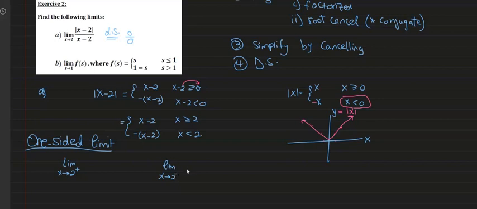From the left side, we will take the negative of x minus 2 instead of the absolute value of x minus 2, over the same x minus 2. So what we did here is substitute the absolute value with the second part for the left side, and that is the right side. So here I will remove the absolute value and write only x minus 2, because we are approaching from the right, over x minus 2.